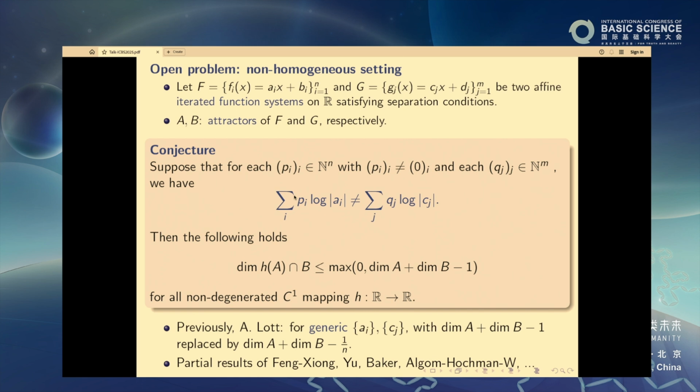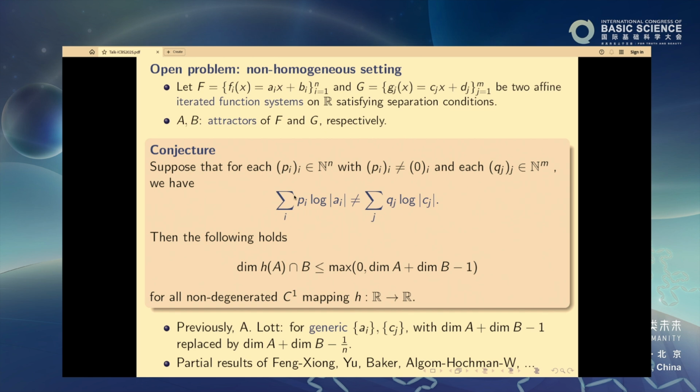So far one can only deal with the case when a_i is the same, 1 over P, and c_j is the same, 1 over Q. Those sets we call homogeneous self-similar sets, since they have the same contraction ratio.